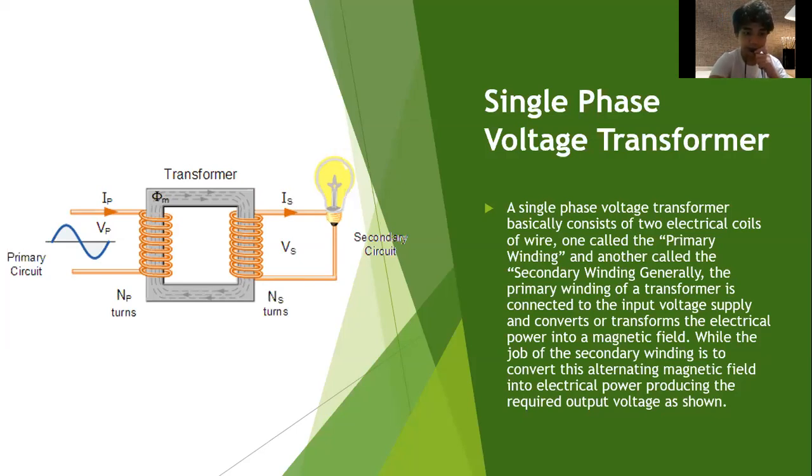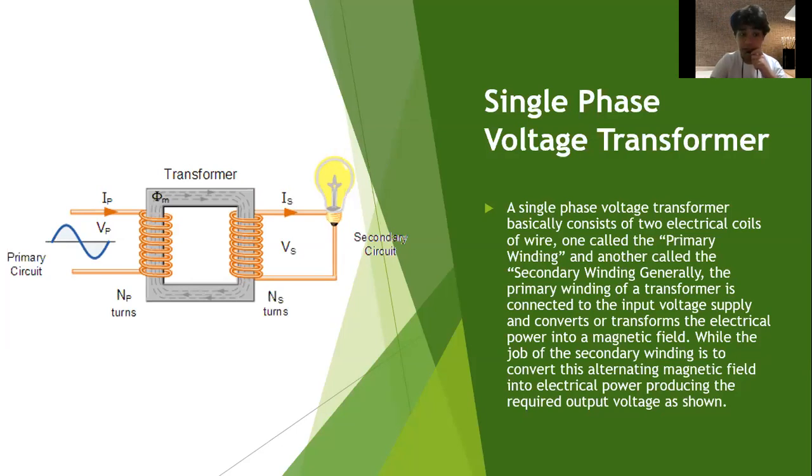As you can see here, the difference in voltage between the primary and the secondary winding is achieved by changing the number of coils. As I said earlier, there is NP, the number of primary coils, and NS, the number of secondary winding coils.